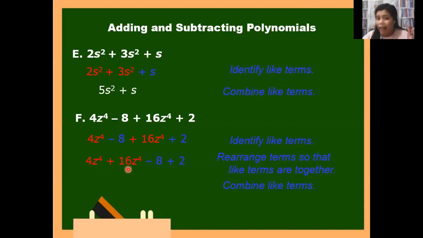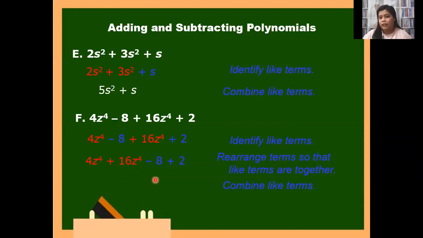So we are going to add. So again, let's focus first on the coefficient, which is 4 and 16. So 4 plus 16, the answer will be 20. Then copy the variable and its exponent, which is c to the fourth. Therefore, the answer of this is 20c to the fourth.